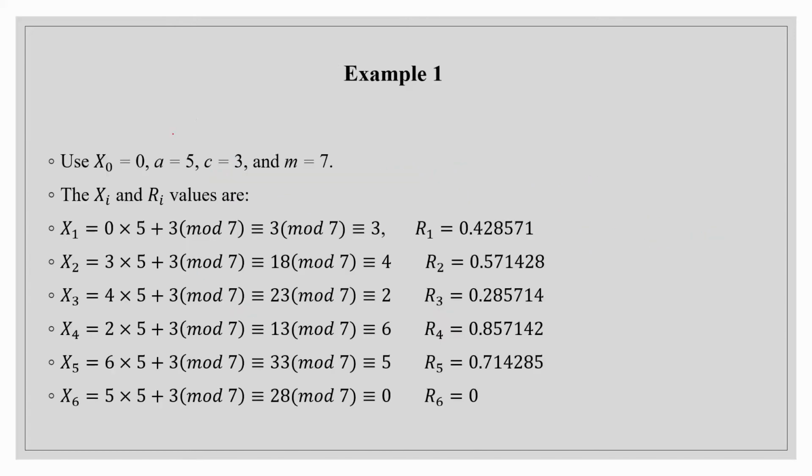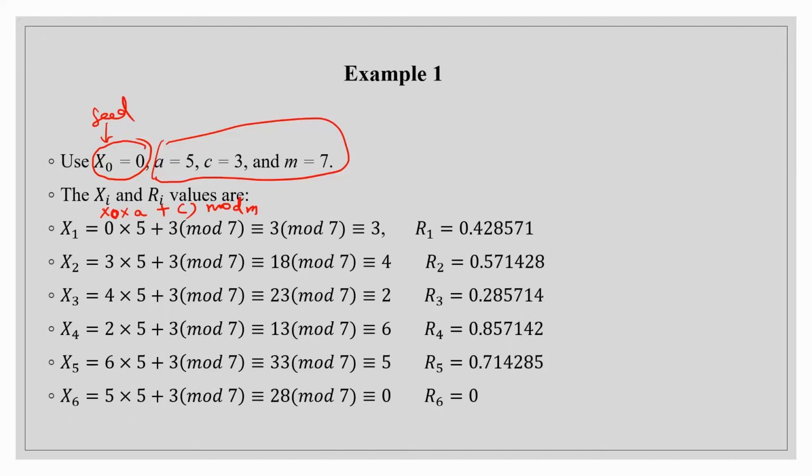Now let us take an example. Here we will use the seed value as 0 and this one is fixed. So a is 5, c is 3 and m is 7. Now you can see that by using the linear congruential method, I can generate the random numbers as follows. So this is a into x naught, plus c, modulo m.